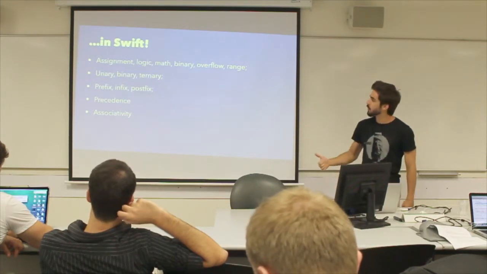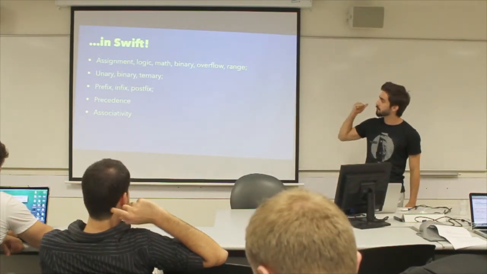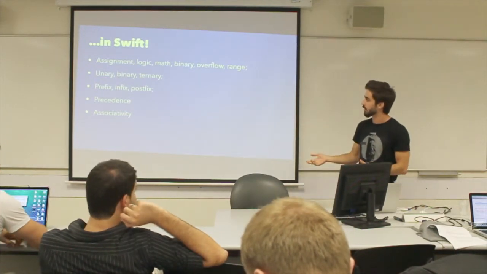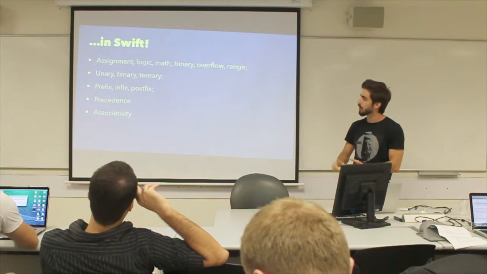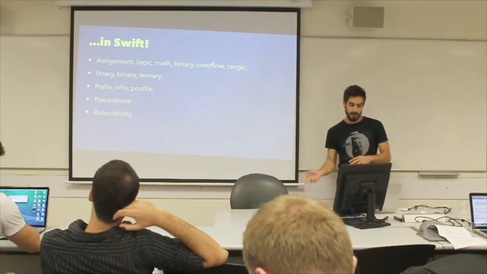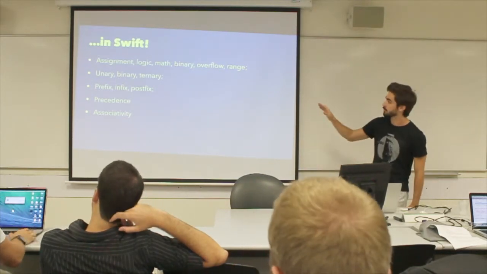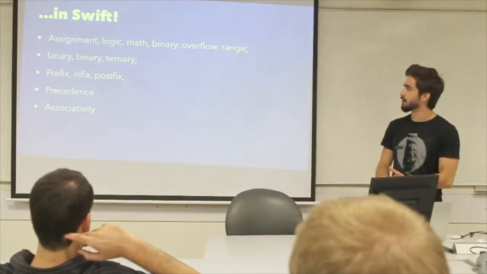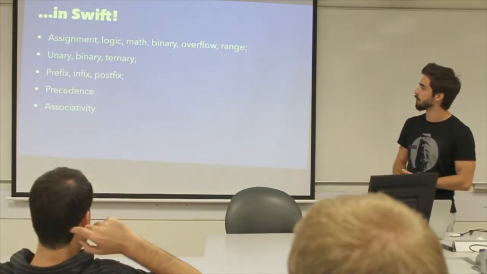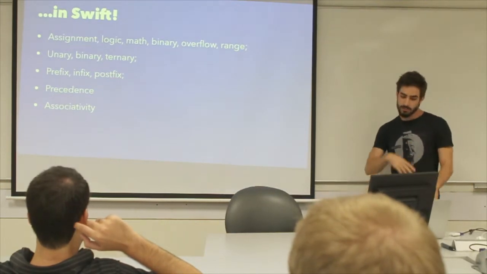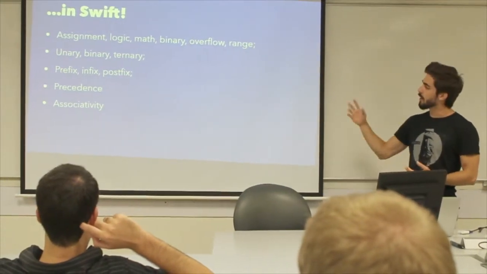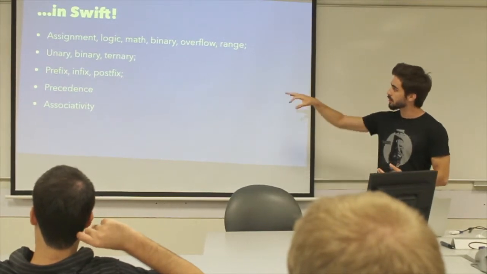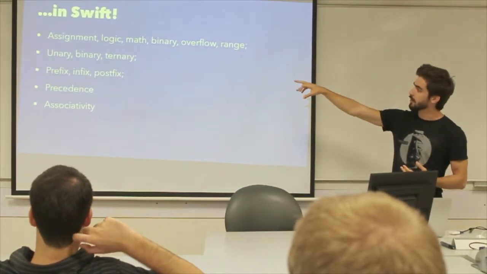So in Swift, we have certain groups of operators, which is pretty much common for all the languages: assignment, logic math, binary math. There's special overflow math for when you know that you don't need to do certain things, but you still want to do them. You have overflow math, branch, etc. You have certain types of operators: unary, binary, ternary.